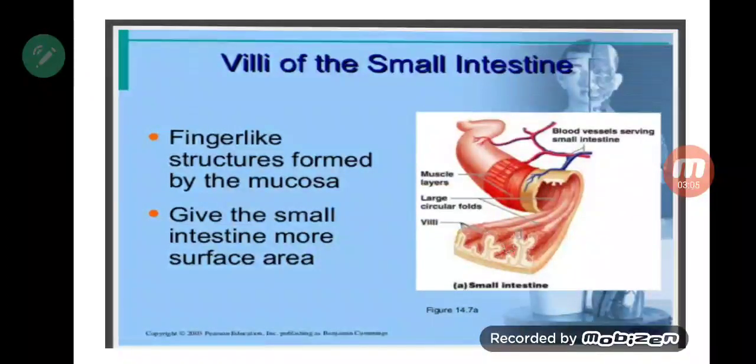The inner layer of the small intestine has finger-like projections called intestinal villi, finger-like structures formed by the mucosa. It gives the small intestine more surface area.